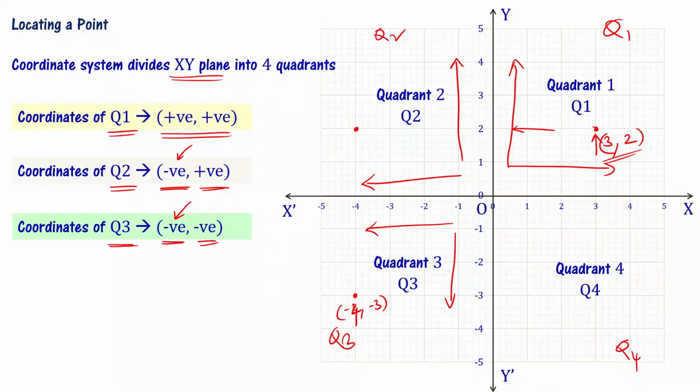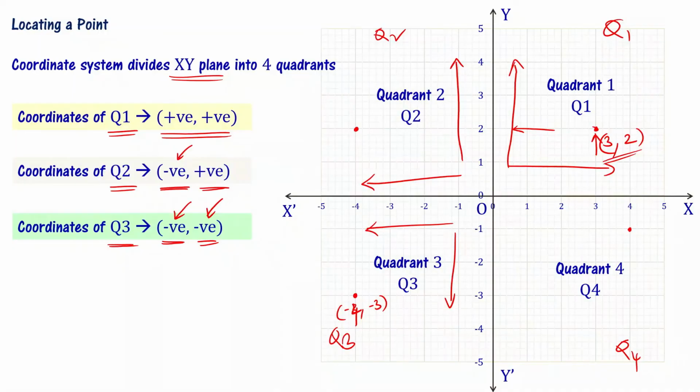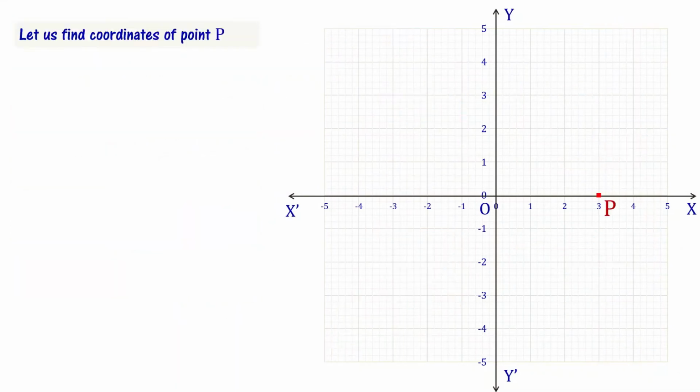The x coordinate is negative and the y coordinate is also negative. Now if you take a point in the 4th quadrant, the x value is on the positive side, whereas the y value is on the negative side, right? For that reason, it is going to be a positive x coordinate and a negative y coordinate, right? The coordinates of the 4th quadrant Q4 are going to be positive, negative.